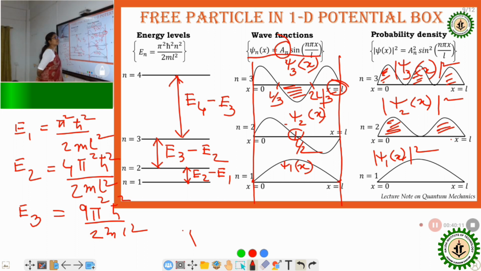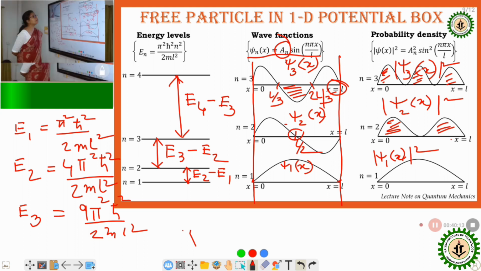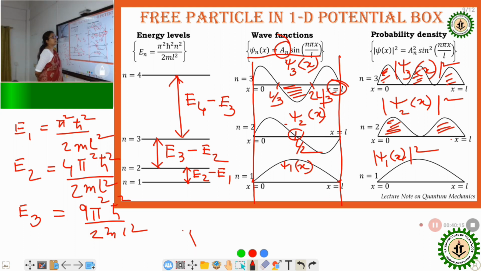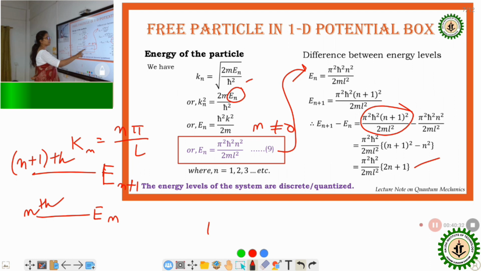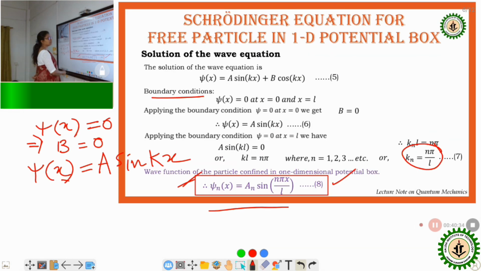If there is no wave function, it has no meaning, that means you cannot do the application. It means no particle, it cannot be. That is why we have started n value from n equals 1, 2, 3, etc. We are not taking any 0.